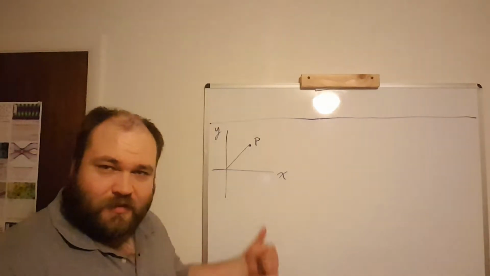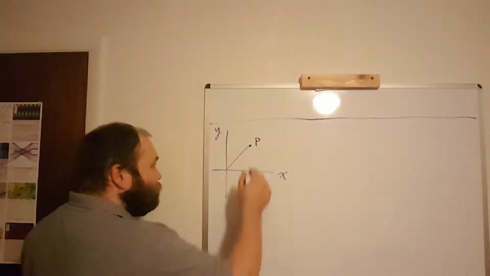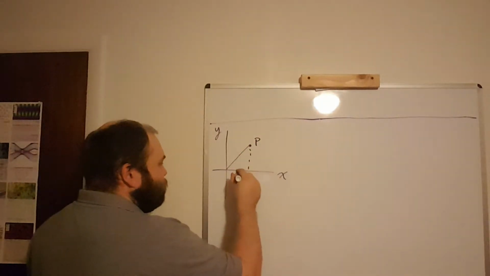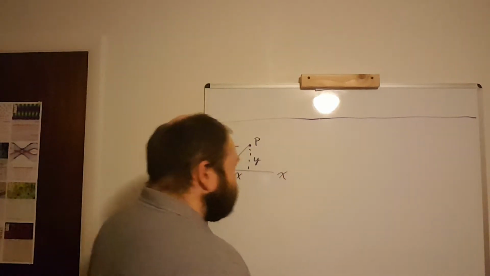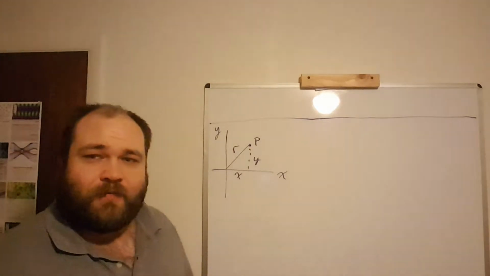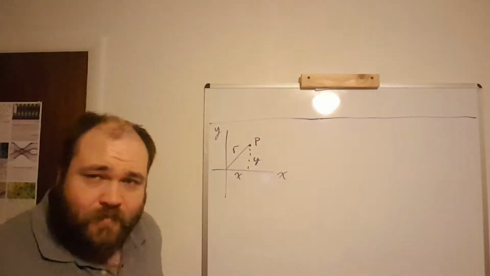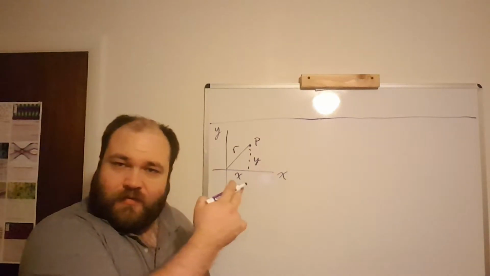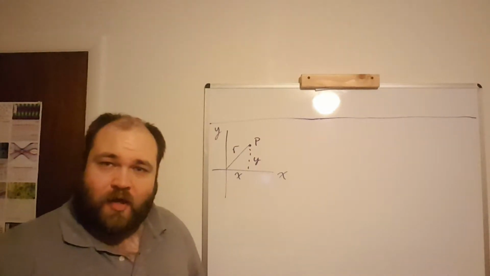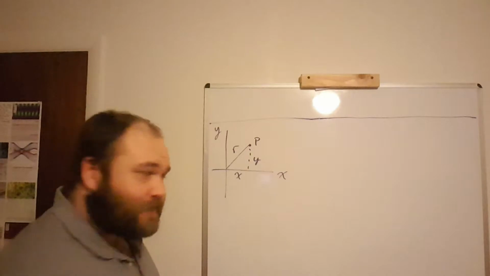So we know that the two legs are x and y. And to go a step farther, not only do we know that, we also know that the line r makes an angle theta with the x-axis.